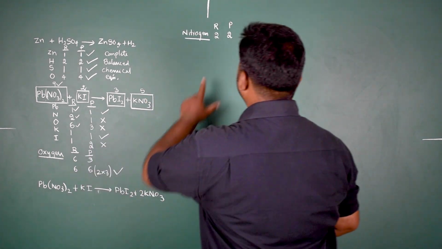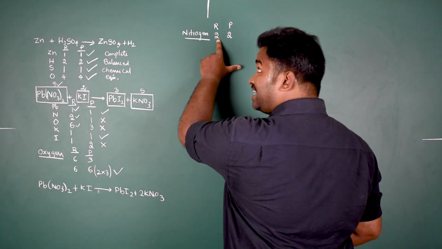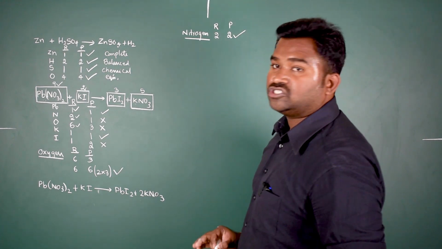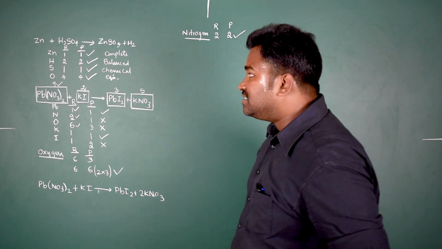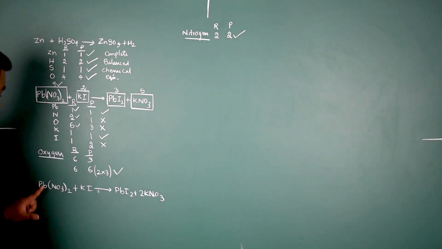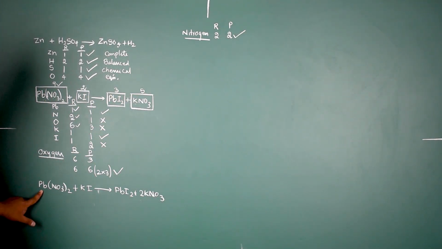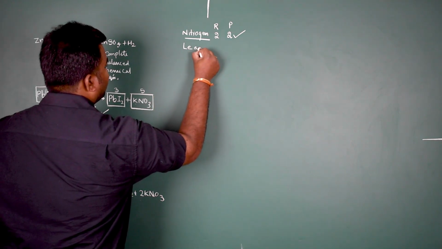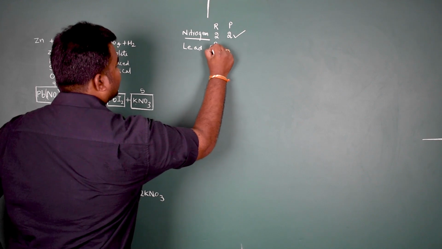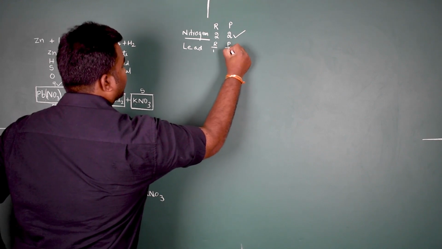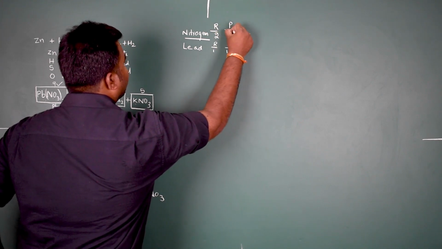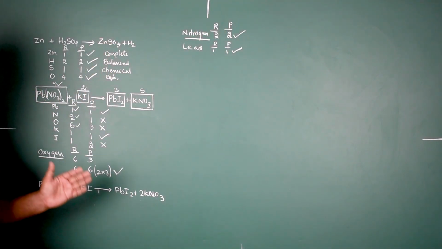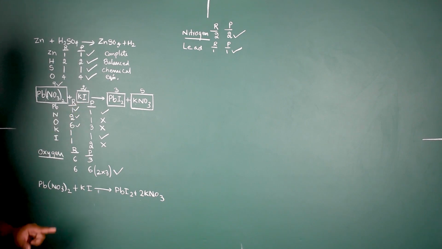So the number of nitrogen atoms on the reactant side and the product side are both equal, so nitrogens are also balanced. Then look at lead. Here there is 1 lead, here also 1 lead. So lead is also balanced.